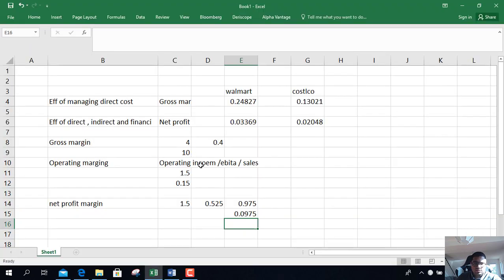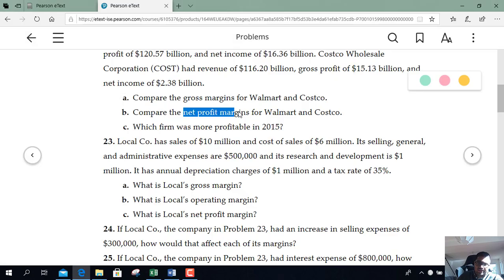Okay, so let's do that. Gross margin doesn't change because it doesn't include selling expenses. Operating margin will change. Instead of 0.5, it will be 0.8, because of 300,000 extra. So operating margin will go down to 12%, and net income will also change because instead of 0.5, it will be 0.8. So net profit margin will go down to 7.8%.